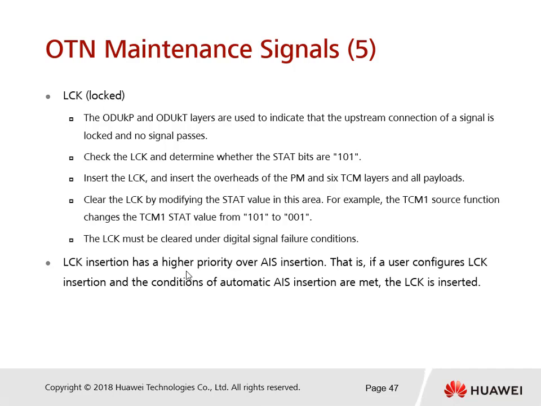After that, we insert the LCK and insert the overheads of the PM and 6 TCM layers and all payloads. If you want to clear the lock status, we should clear the STAT values in this area. For example, the TCM1 source function changes the TCM1 status value from 101 to 001. Another one, pay attention: the LCK must be cleared under digital signal failure conditions.